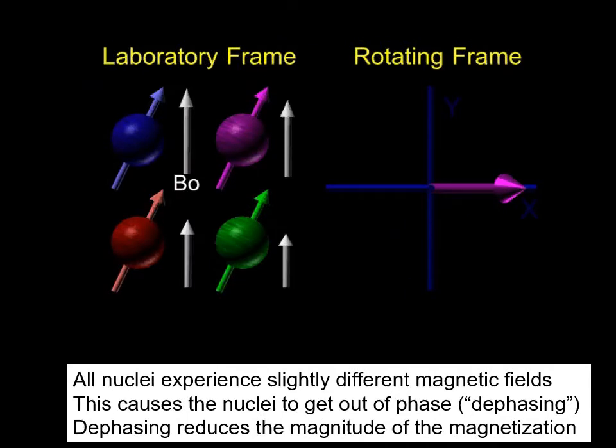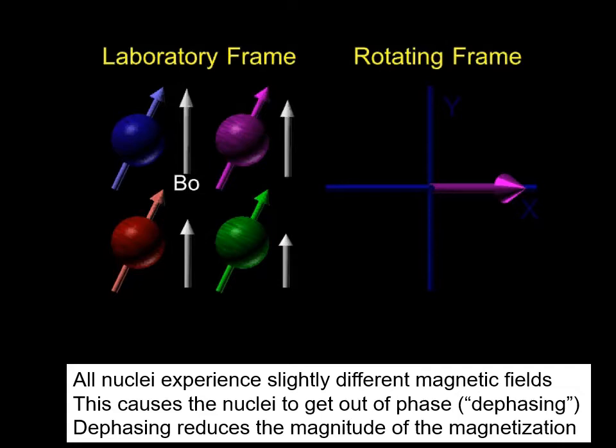The model is now made more complex, where all the nuclei in the system are slightly different from one another. In this particular system, it's represented by just four nuclei. And in reality, this is the situation in real life. The nuclei may start in phase, but they experience slightly different magnetic fields with respect to one another.